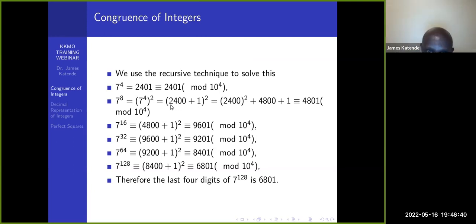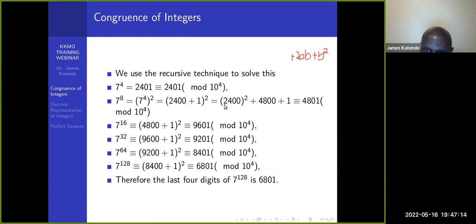Now, if you expand this, what do you get? You use this expansion: a plus b squared is equal to a squared plus 2ab plus b squared.